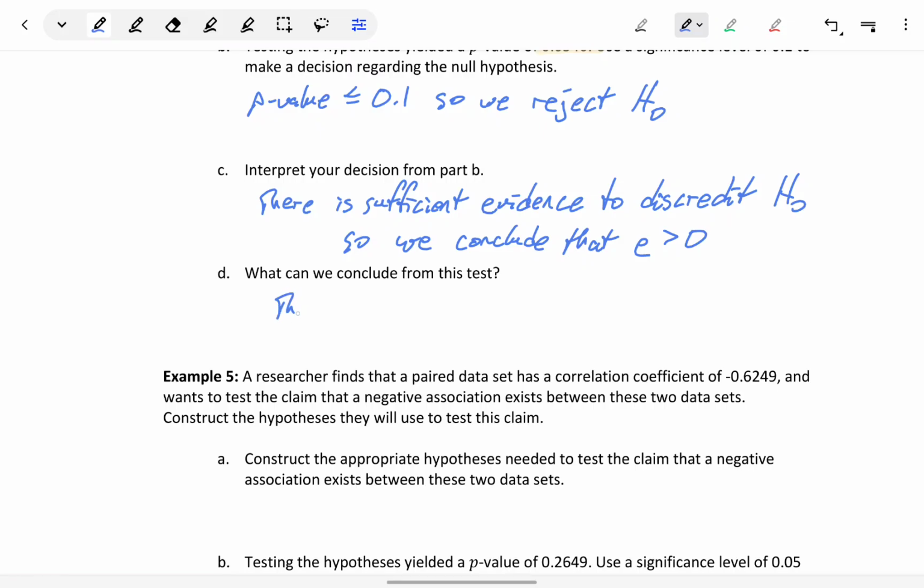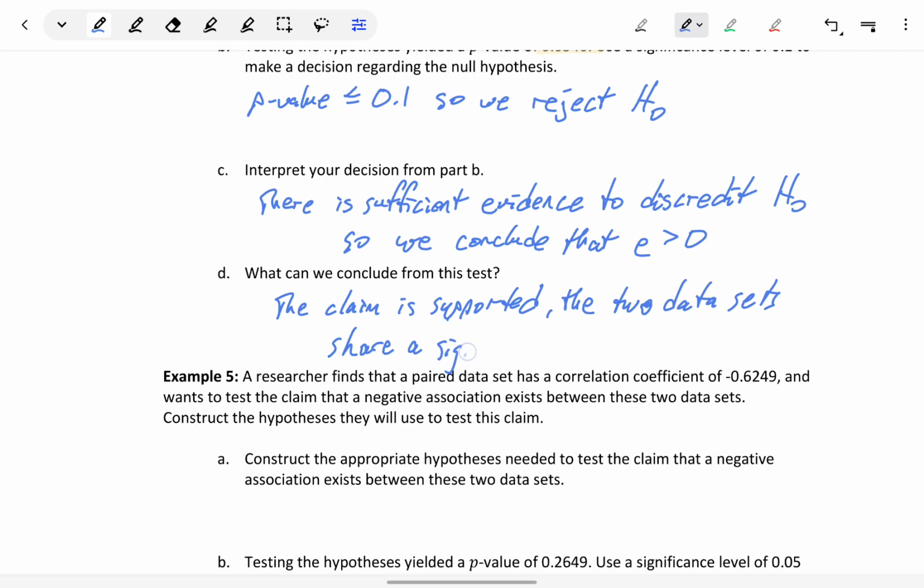And that means the claim is supported: the two data sets share a significant positive association.